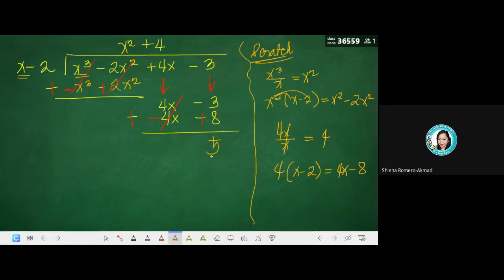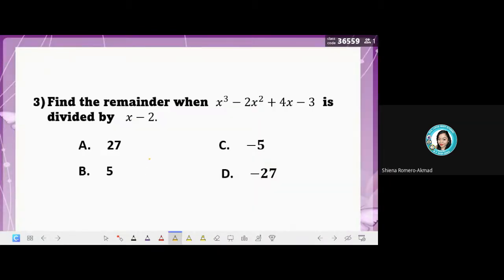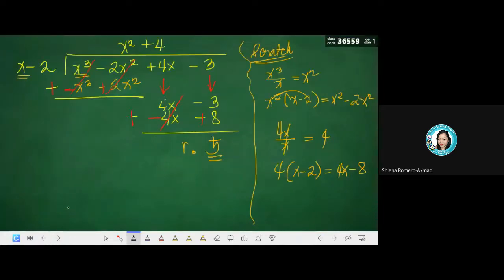Yeah, positive 5. So, positive 5 will be the remainder. So, as you can see, ito, may remainder, yung kanina wala. Bakit? Ano ba yung question? Ang question kasi is, what is the remainder of the given if you divide the two given polynomials? So, our answer here is letter B. So, paano natin isusulat yung quotient?